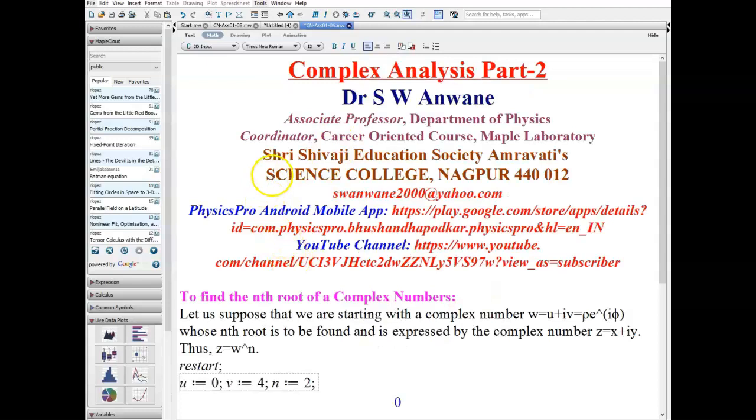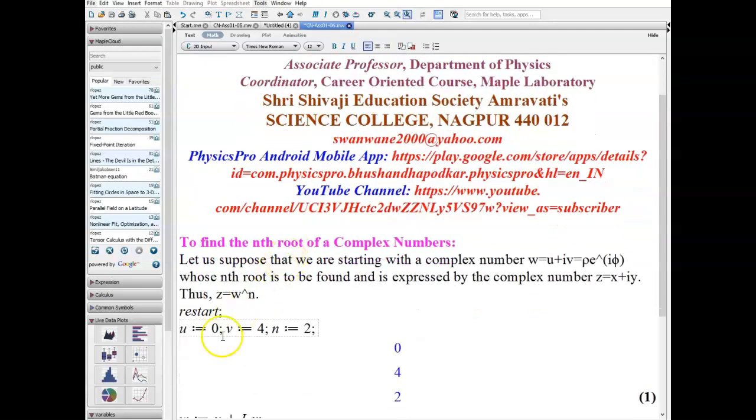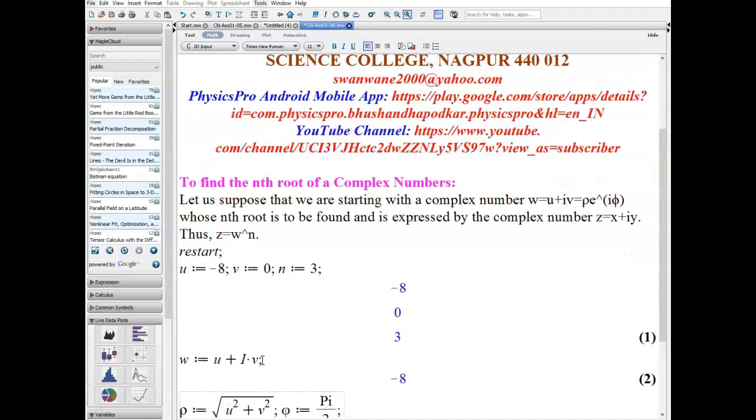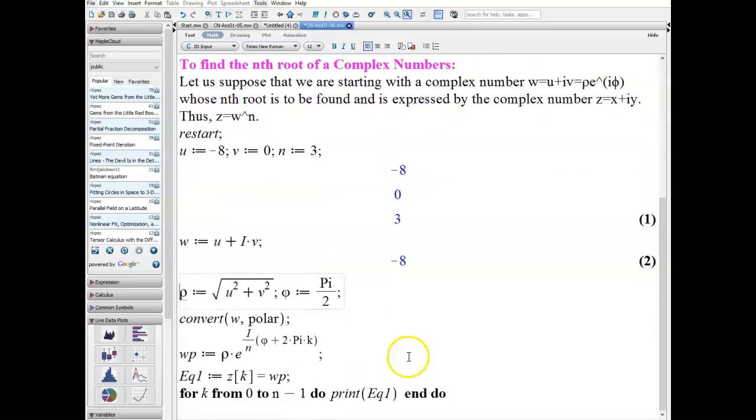So we are back on the same Maple worksheet, wherein we are going to substitute u is equal to minus 8, v is equal to 0, and as we are trying to find the cube root, n is equal to 3, so w will be simply minus 8.